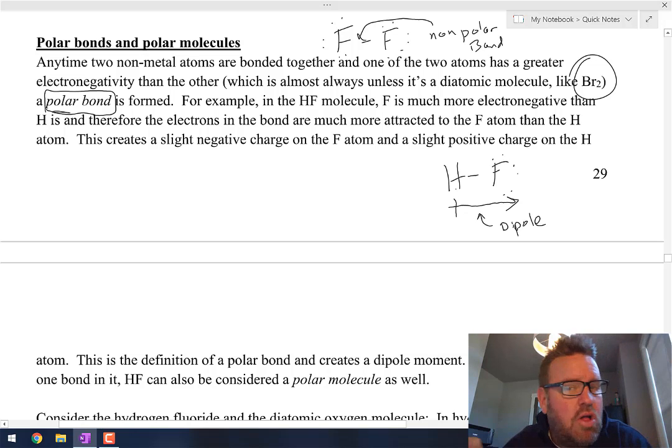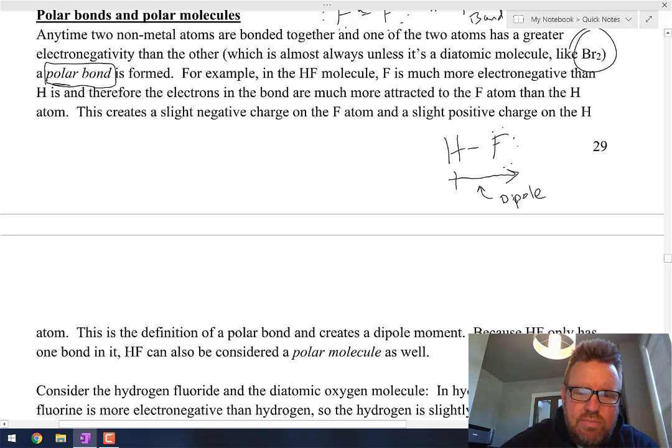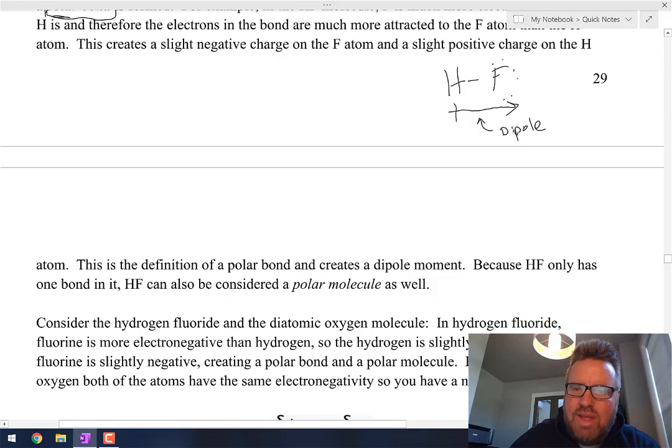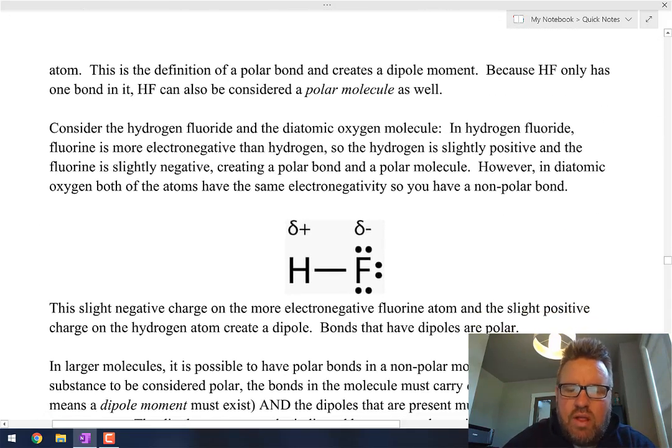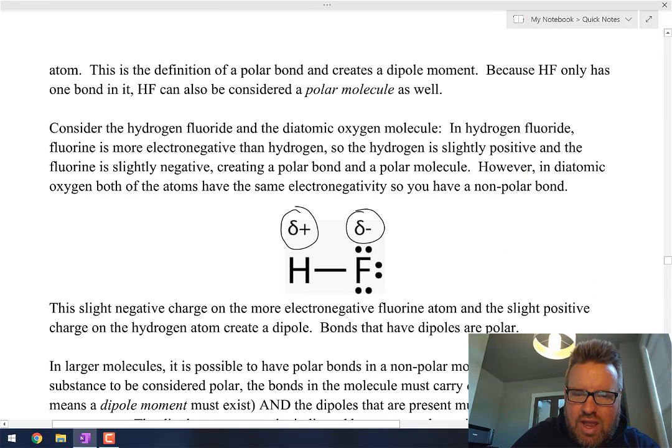And again, almost all bonds that are covalent are polar covalent bonds. And because HF only has that one bond, that molecule is also polar. Here we can see it as well. One of the ways they represent the partial positive and partial negative charges is with the Greek letter sigma, which looks like an S with a little extra end on it.